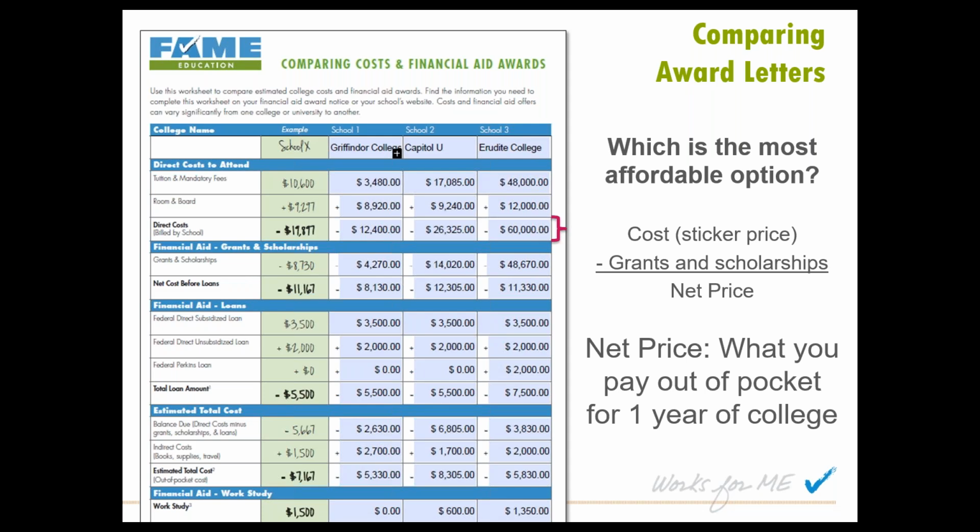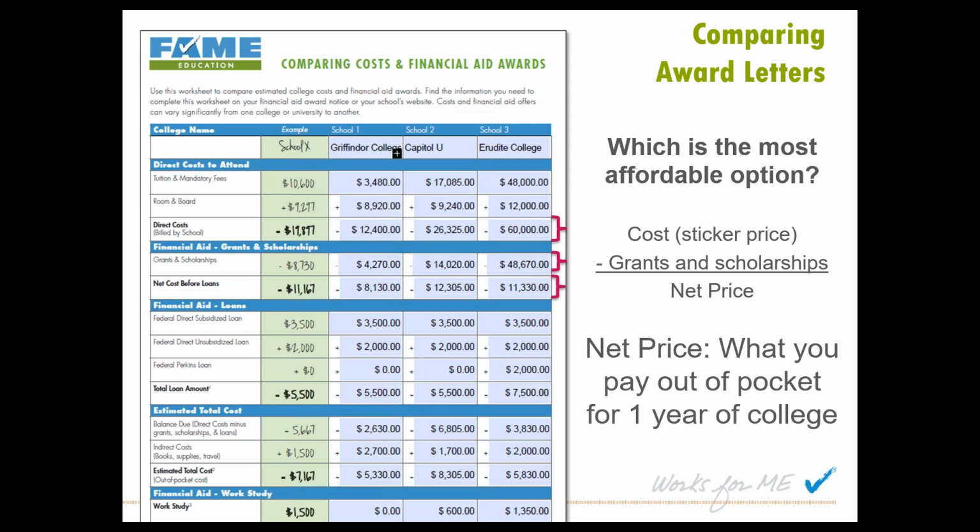So you'll notice there what the costs are, what the difference is. Just by looking at that line, you might say, okay, that's kind of affordable. If the sticker price is still too high and you take the housing costs out, you may find that you are able to make it work, right?